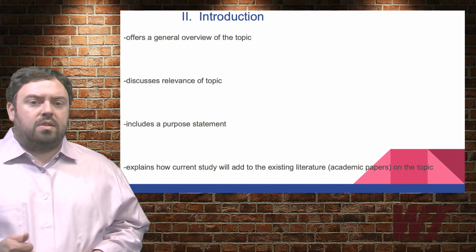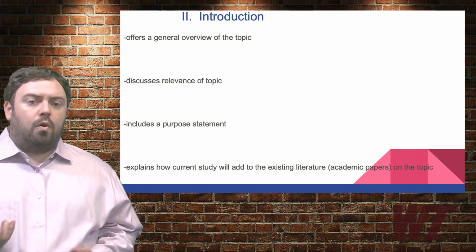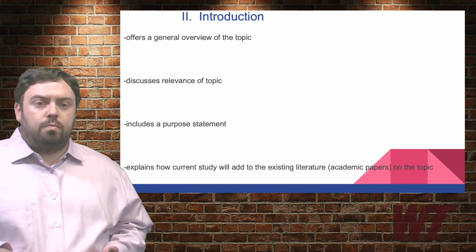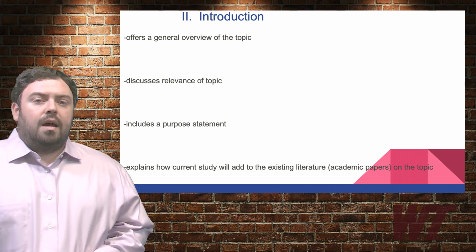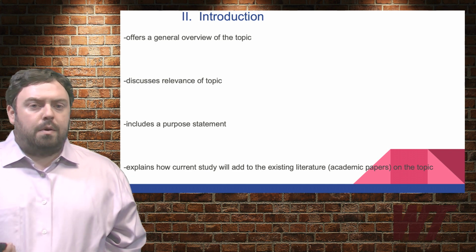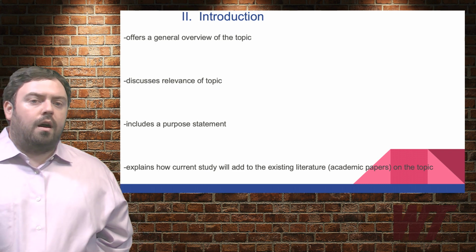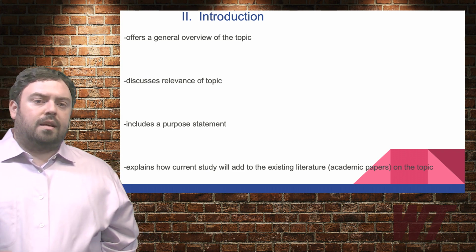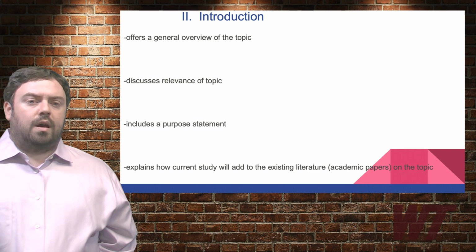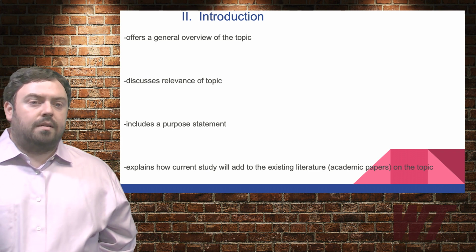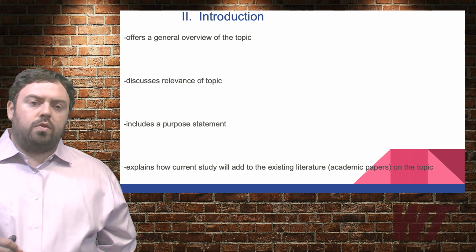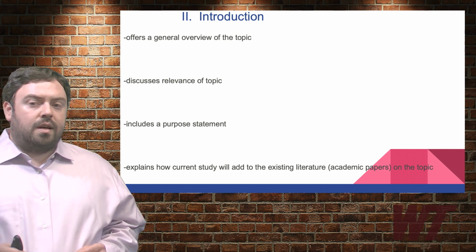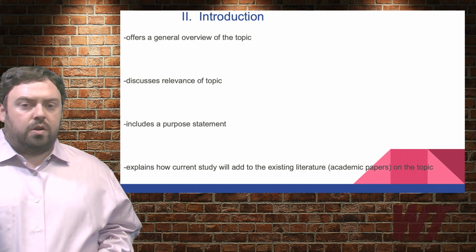It's going to discuss the importance or the relevance of the topic to practitioners, so why this topic is worthy of study. It will also include a purpose statement. What is the particular goal of the researcher in performing this study? Another thing that's really important is that the introduction will explain how the current study will add to the existing literature.